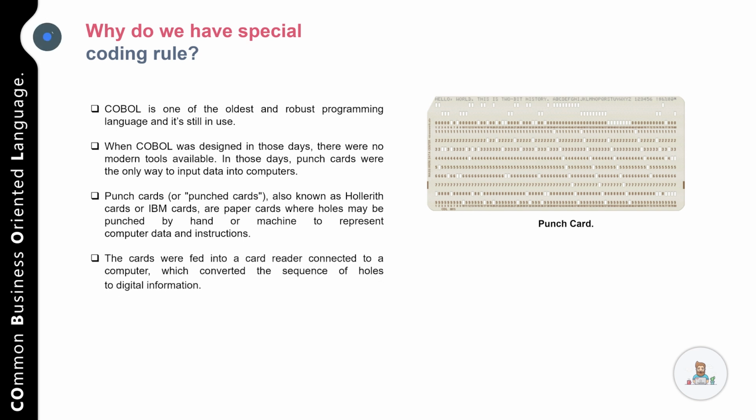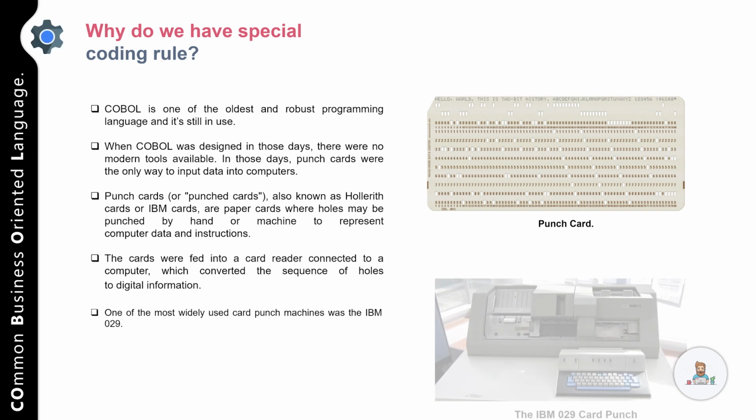Lastly, these cards or stacks of cards were fed into the card reader, which is connected to a computer that eventually converts the sequence of holes into digital information. If you look at the right-hand side of your screen, you'll notice a sample punch card with a certain set of holes, and these holes represent information that can only be understood by a punch card reader.